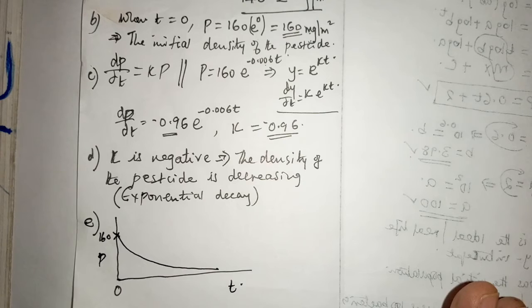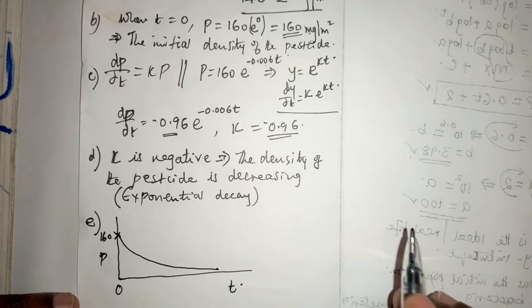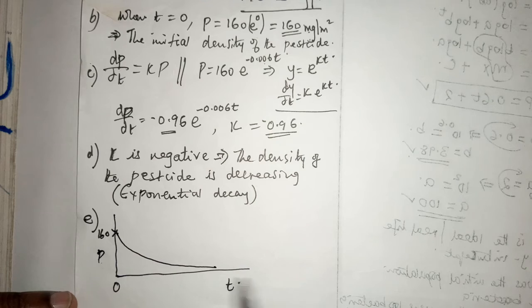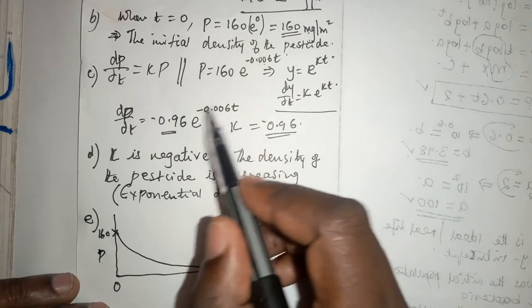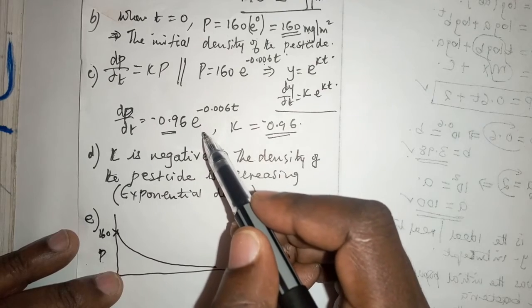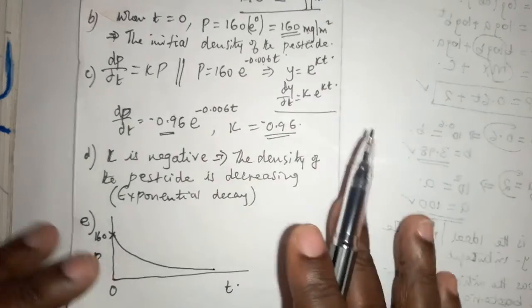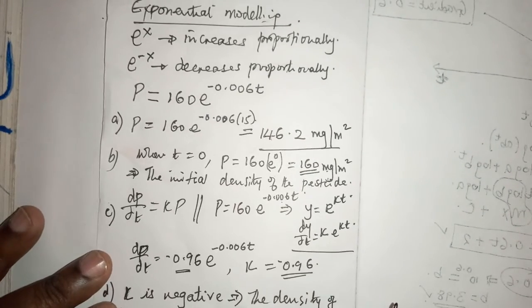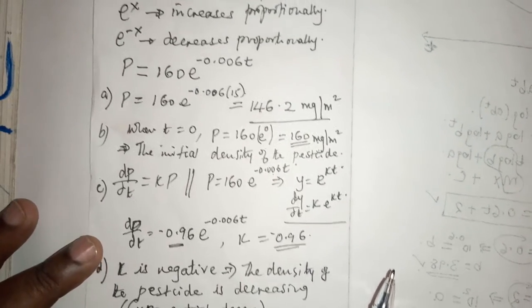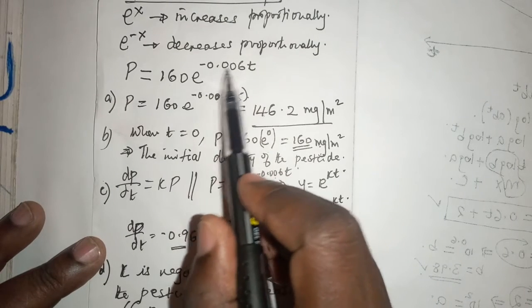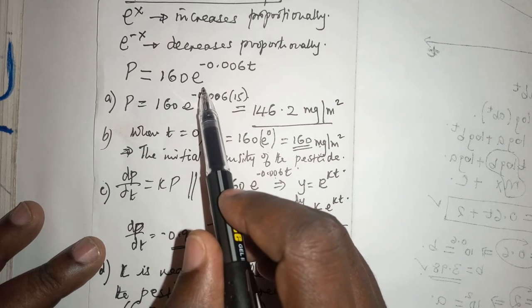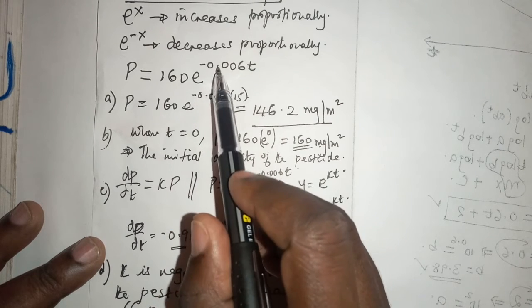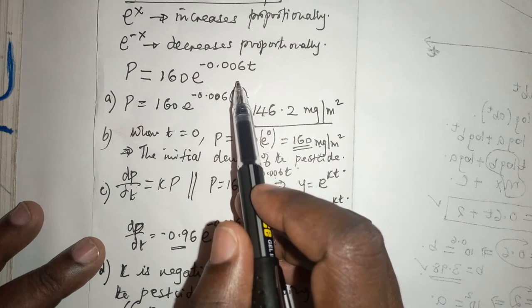When t is going to be so big a number, then the whole of this one, e raised to power a very big negative number, is going to be 1 over a very big positive number, because when the index is negative, then 1 over the index changes the sign to positive.